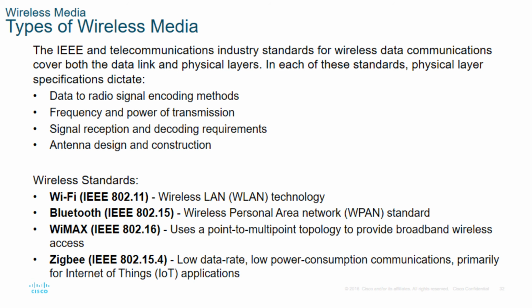And number four is antenna design and construction. So there are several wireless standards like Wi-Fi, Bluetooth, WiMAX, Zigbee, and others. Other wireless technologies such as cellular and satellite communication can also provide data network connectivity. However, these wireless technologies are out of scope for this module.